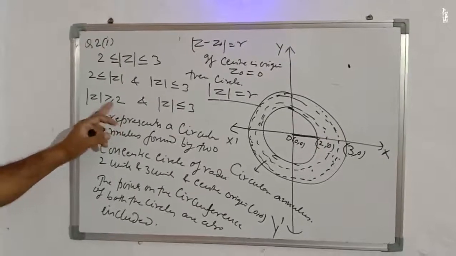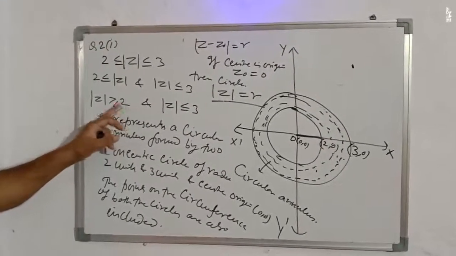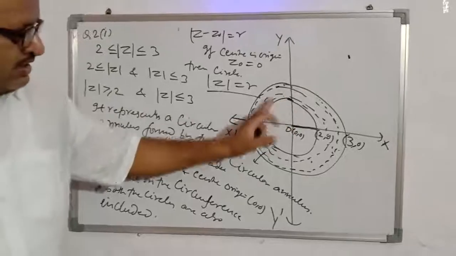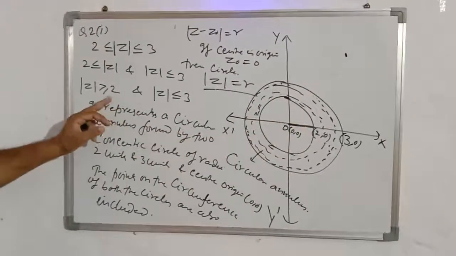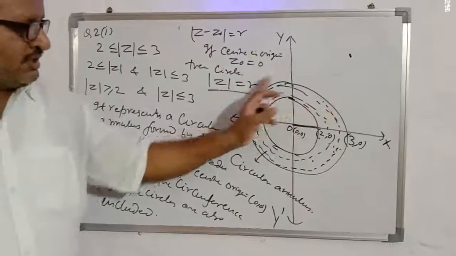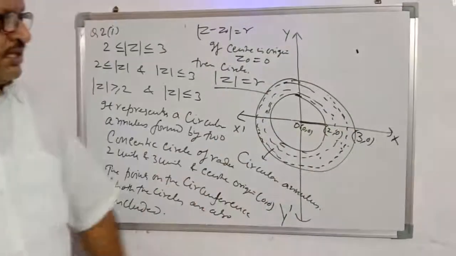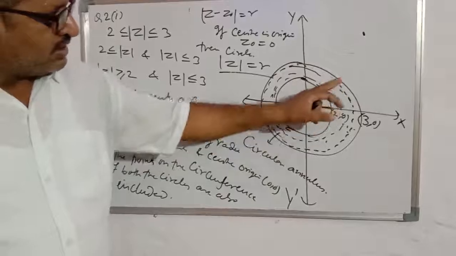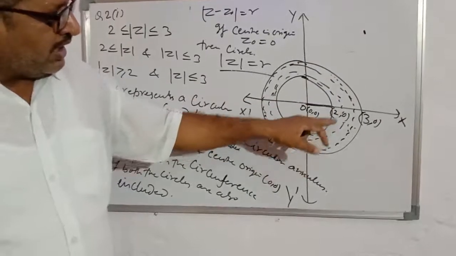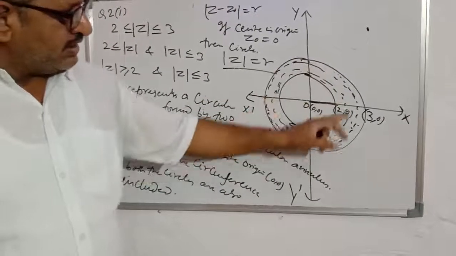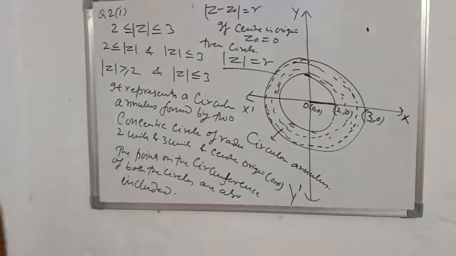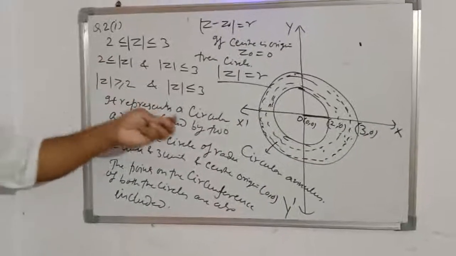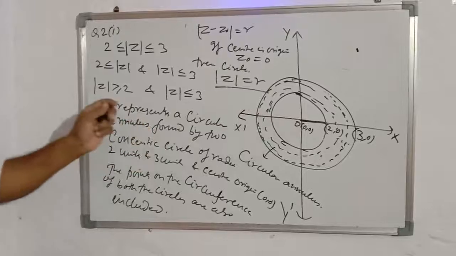Mod of z equal to 2 and mod of z equal to 3. Equal to 2 means lying on the circle of radius 2. Equal to 3 means lying on the circle of radius 3 units. So points on the circumference of both the circles are also included, and the points lying in this region, circular annulus. So in this way we can express it in the Argand plane.